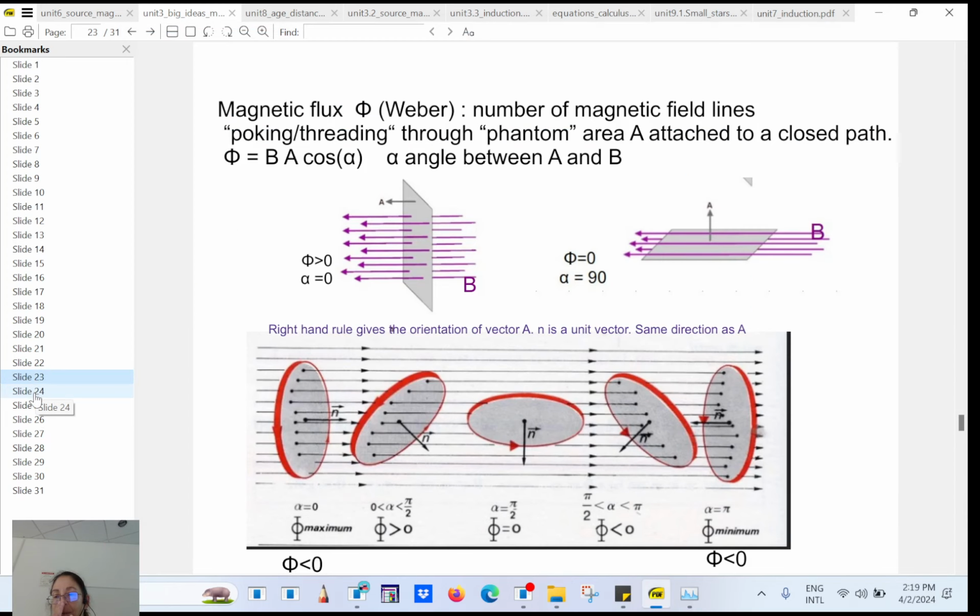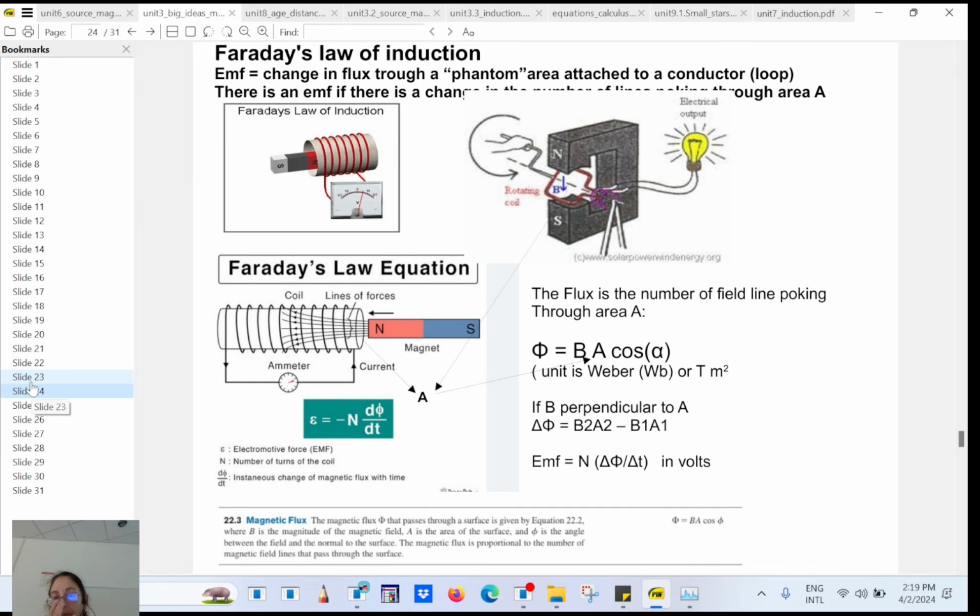Okay, so that's how it works. Now, something interesting. We already have discussed that the equation for the EMF induced is equal to the number of loops times the rate at which the flux is changing. So for example, if you have a solenoid here, there is no current whatsoever, and I start to take a magnet in and out, you can attach here an imaginary area, and the number of field lines poking through is going to change.